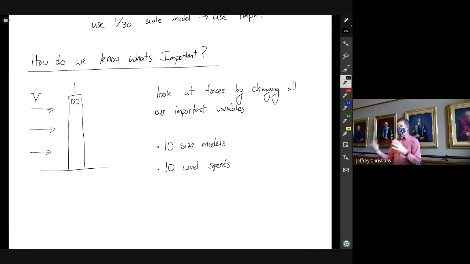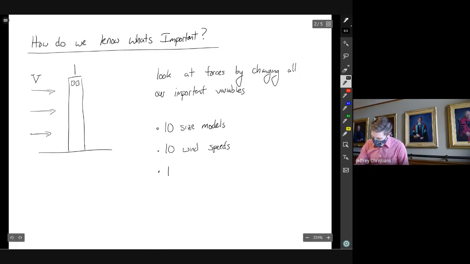But probably the properties of the fluid are going to matter too, things like density and viscosity. So we should probably do those too. So 10 fluid densities. Okay, that one's maybe a little bit trickier. How do we change the fluid density?